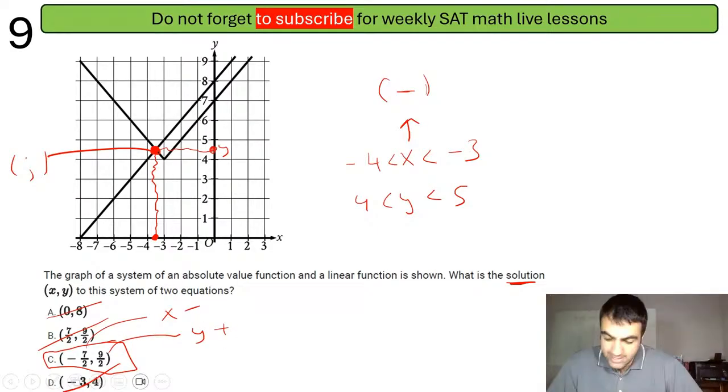Okay, this is C. Mr. Shahin, did you understand? The x coordinate of the intersection point should be between -4 and -3, and the y coordinate should be between 4 and 5. Y is positive, x is negative. Okay.